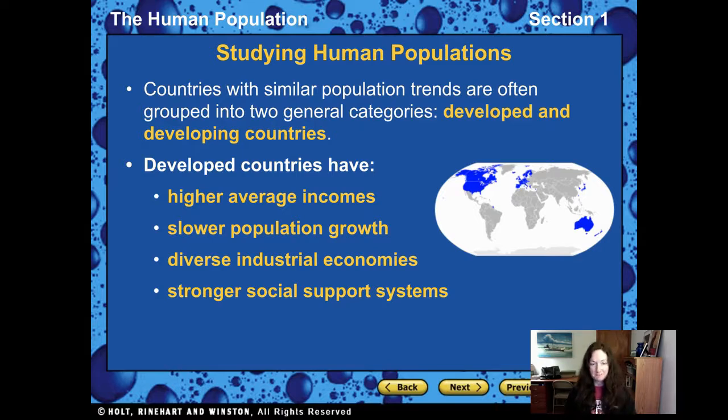And then we also have stronger social support systems, which often comes along with having a larger government or a more functional government, even. In terms of social supports, some of the things you might think of are welfare, food stamps, Social Security, Medicare, Medicaid, but also just you being in school right now is a social support.